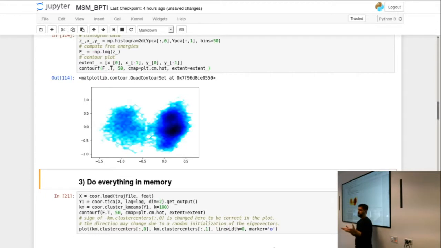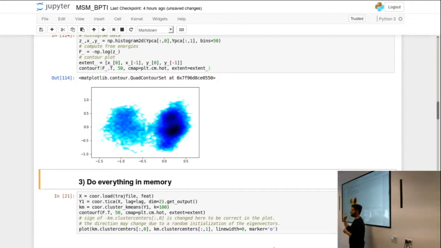If we assume that they are the same, it means that in this particular case, PCA is a comparatively good dimensionality reduction method, because you haven't lost the information. There are two highly populated wells with a less populated one, and if I were to look at the structures behind these wells, I'd find the same information. However, this projection is much more sensitive to clustering errors, because now your data is very close together. Imagine if I did what I did at the beginning with just two cluster centers.